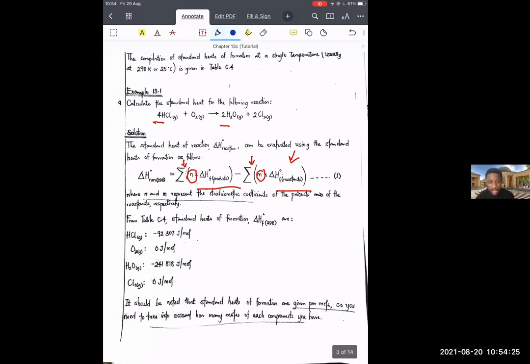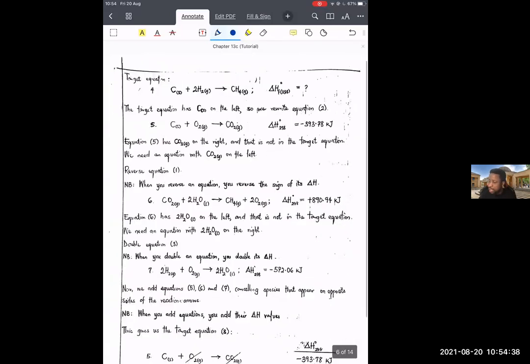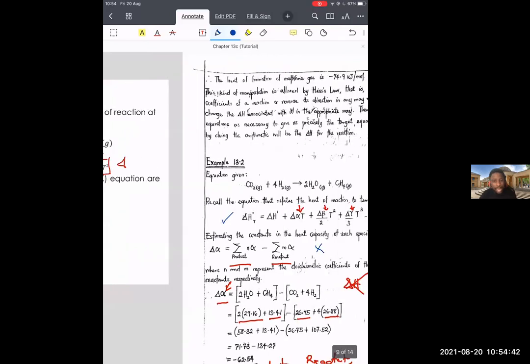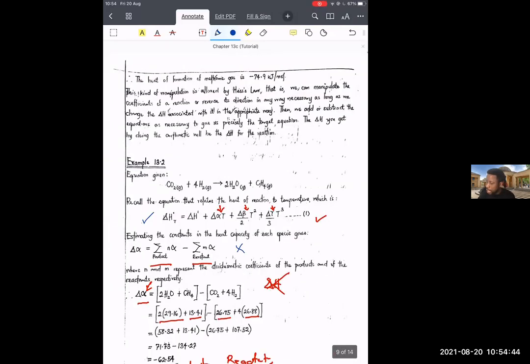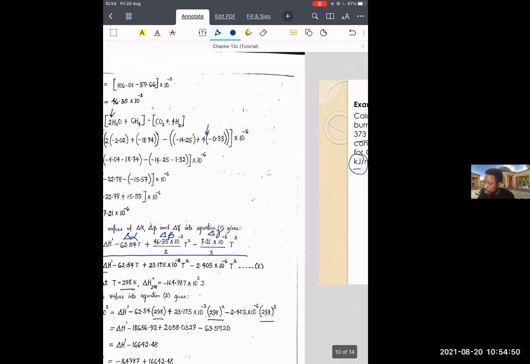When we are using this, that is when for your element it is 0. But when you're using the other equations available, no. Please, it's not standard heat of formation we're using now. In this case as well, we are not using standard heat of formation.